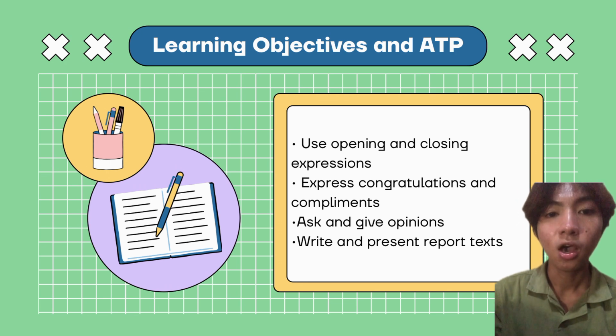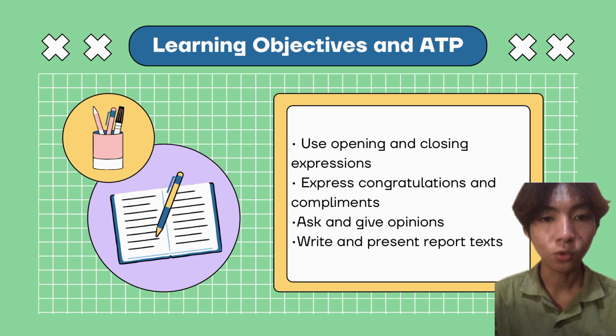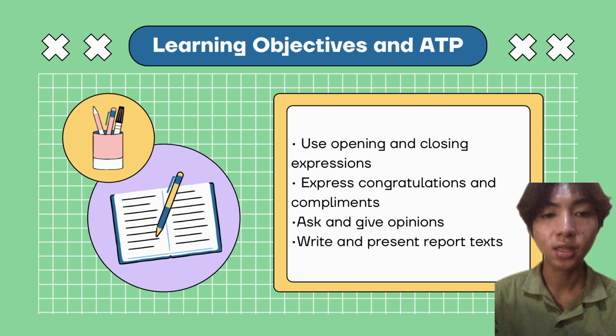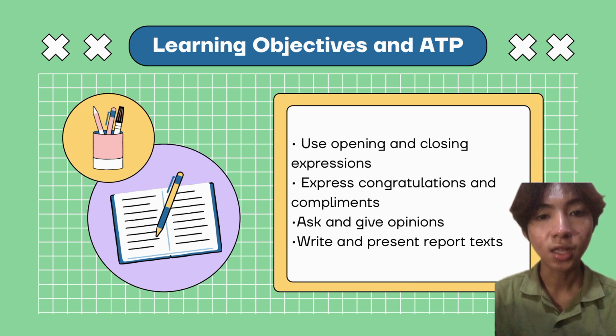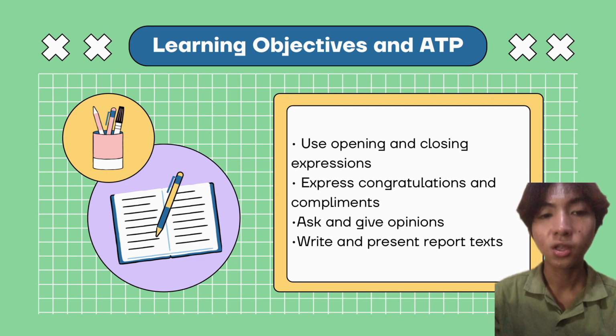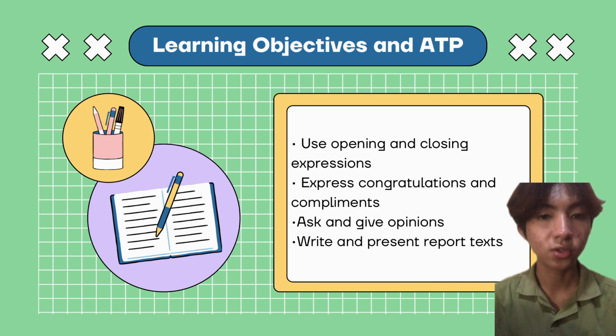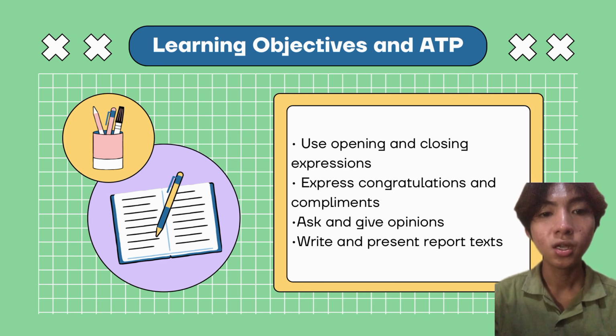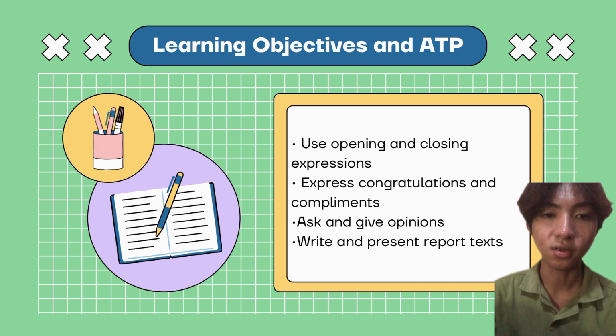The ATP arranges these objectives into a sequence of learning activities. Students start with a simple communication activity and gradually move to more complex tasks such as writing and presenting reports. This helps students develop their skills step by step throughout the semester.